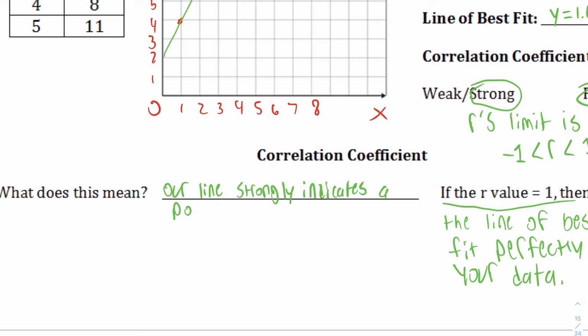Remember, if R is less than 0.7, or if R is greater than negative 0.7, which just means on a number line, if you have R and it's between 0.7 and negative 0.7, then that's going to be weak. If your R value is positive, then it's going to be a positive. This one's going to be a weak positive correlation. Some of the other ones will be a strong negative or weak negative. Okay, good luck on your assignment.